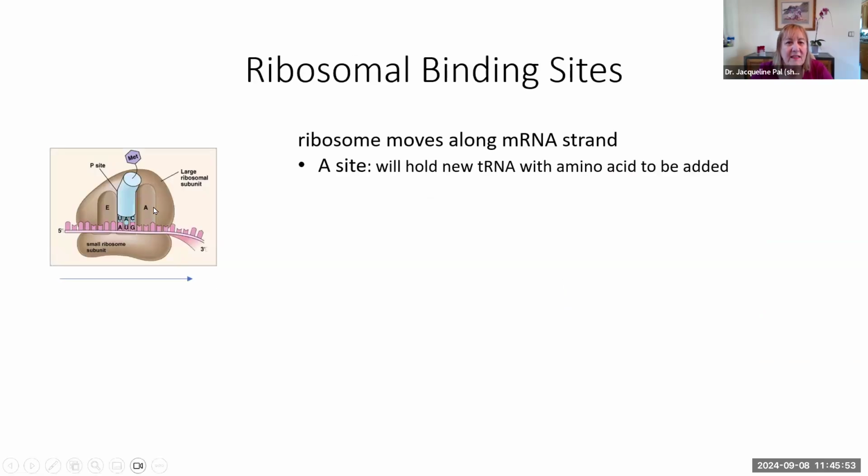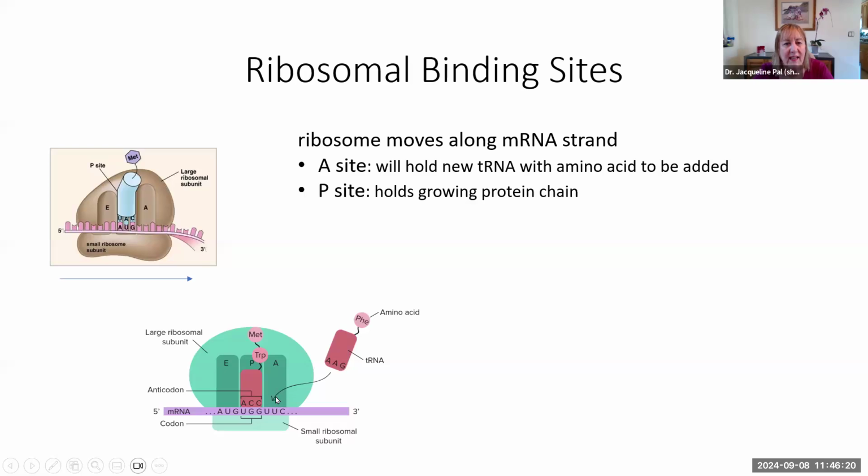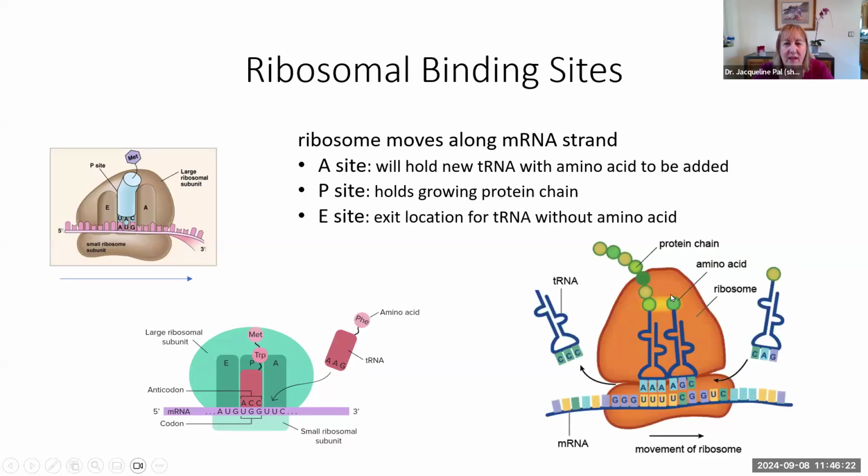So as it's moving along the messenger RNA, the only one that doesn't go to the A site is the very first one, AUG, with the very first amino acid methionine, which joins in the P site. After that, all the other adding transfer RNAs will be added from the A site. The new transfer RNA with the amino acid will add in there, and then the protein chain will be taken off and added to that.